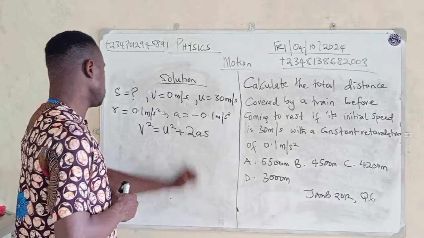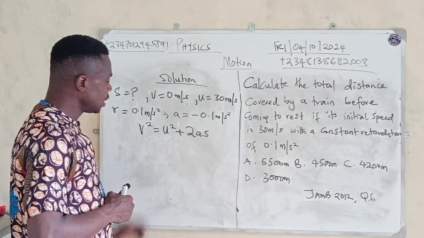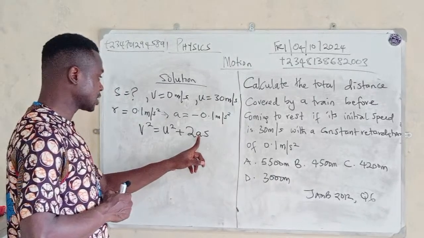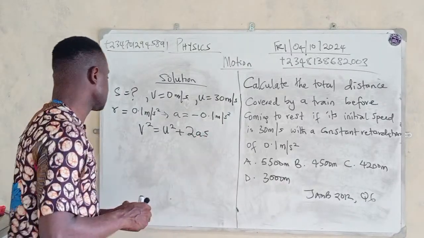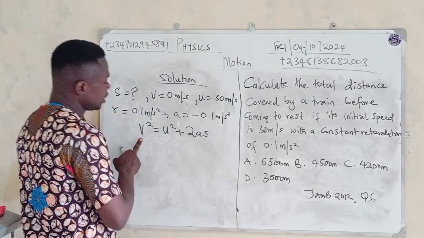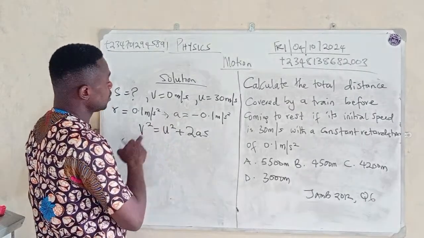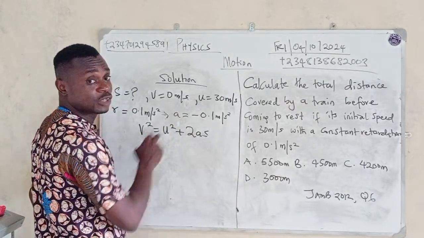So let's substitute all these values and solve for distance. V is 0 because we came to rest.